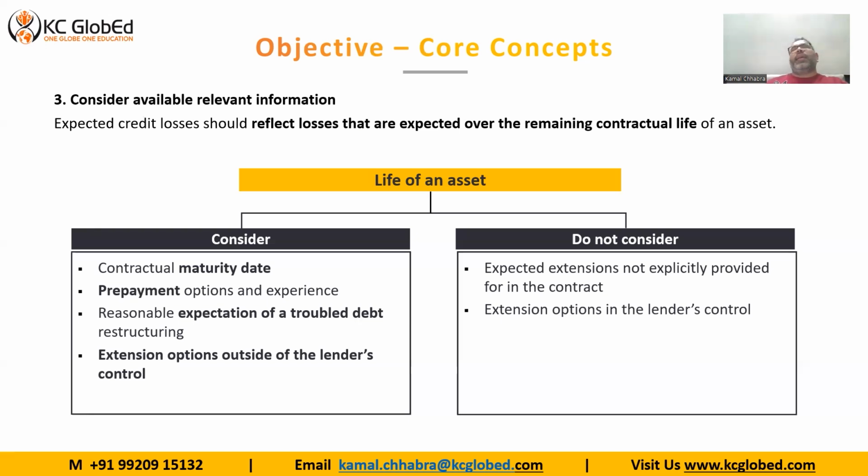The extension option should be clearly mentioned in the agreement. If it's not mentioned, then you should not consider it. And if the extension option is only available in the hand of the lender, then you can ignore it, because the person taking the money does not have the authority to extend.